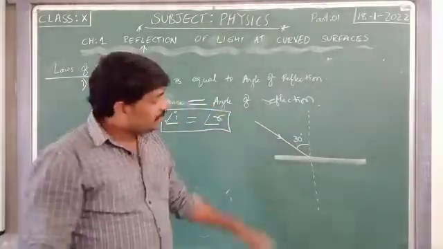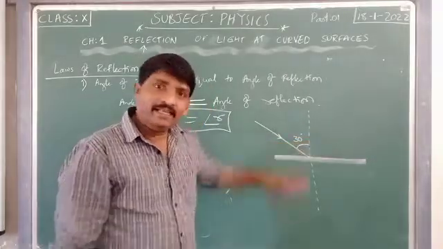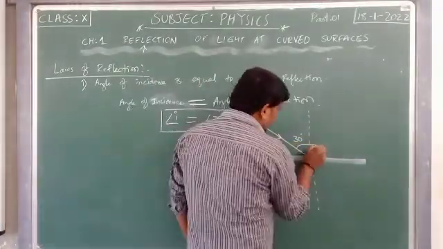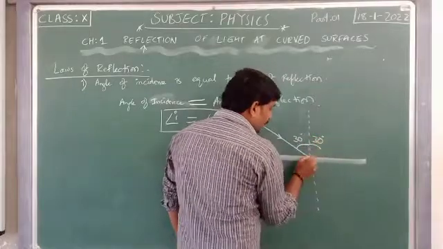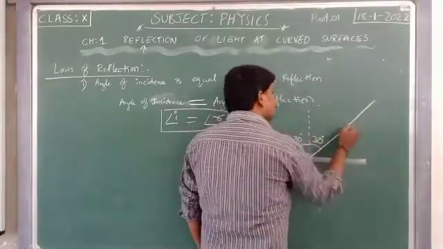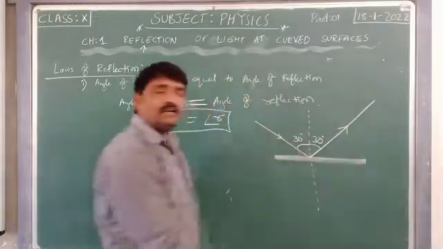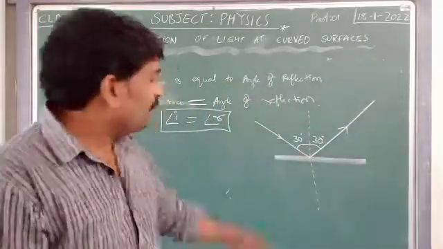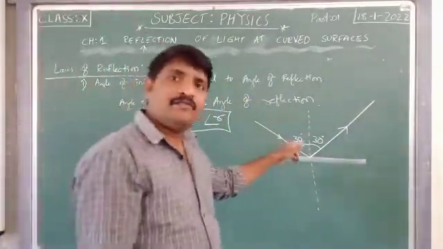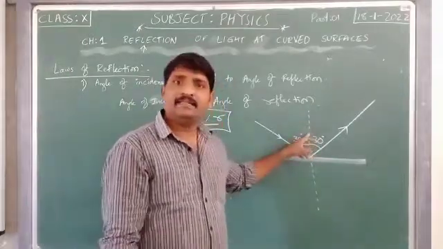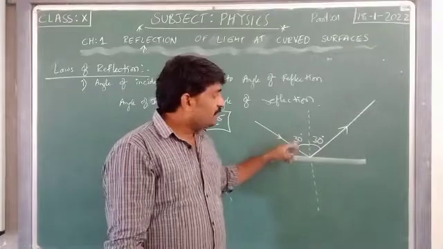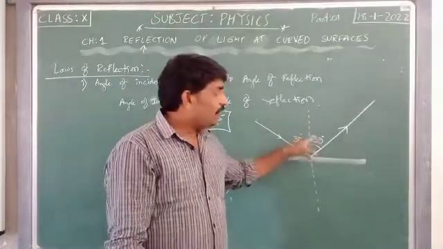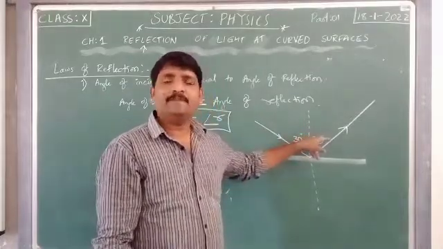With the same 30 degrees angle of reflection, the reflected ray is going to bounce back. The reflected ray bounces back with the angle of reflection equal to 30 degrees. So if the angle of incidence is 30, the angle of reflection will also be 30.